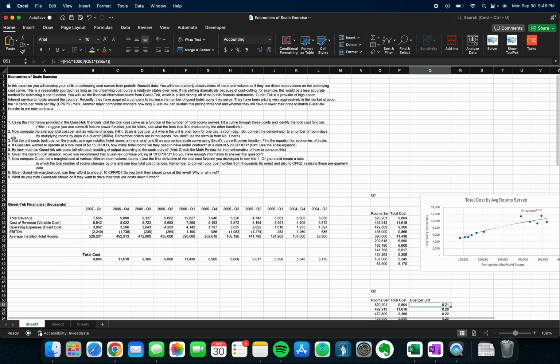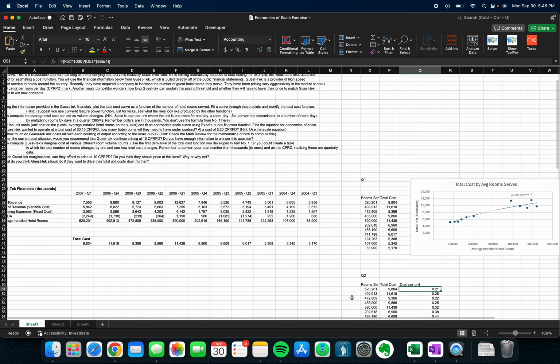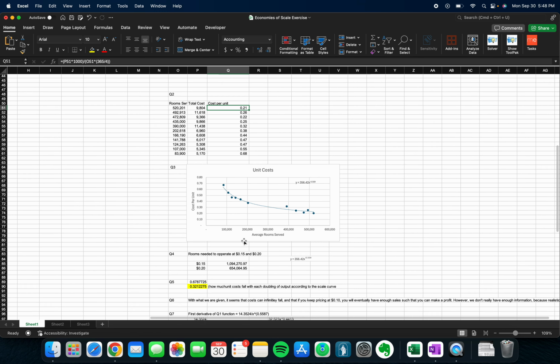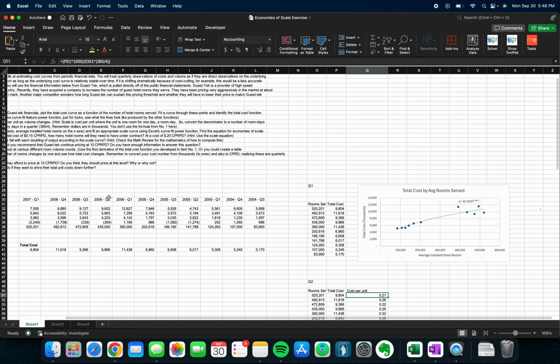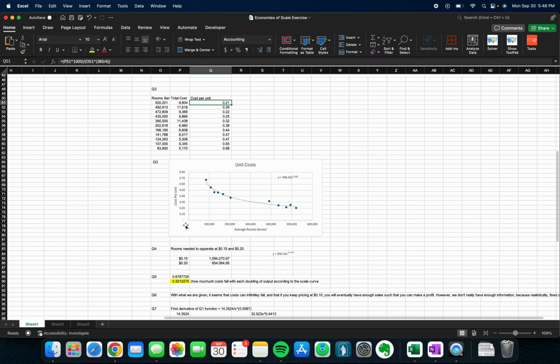Question 3, plot the unit costs and fit an appropriate scale curve using Excel's curve fit power function. So right down here in question 3, we have the unit costs graph. We have the average rooms served on the x-axis and the cost per unit on the y-axis. So basically, it's going to show us how, at least during the time that we've been given, this 2004 to 2007 data, as the average rooms served goes up, the cost per unit goes down.